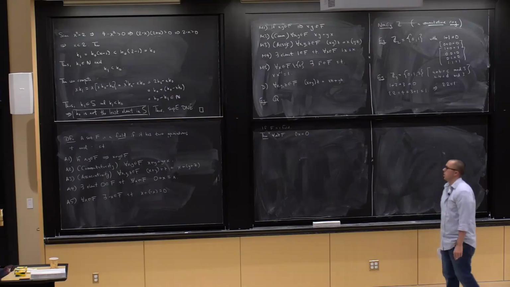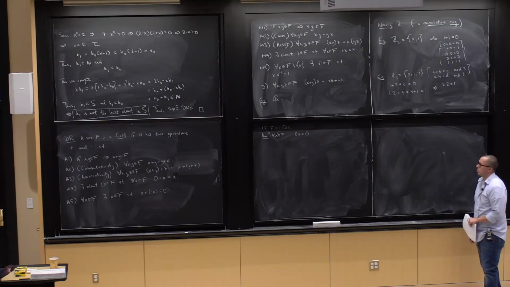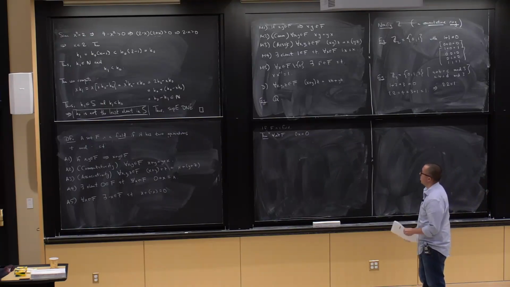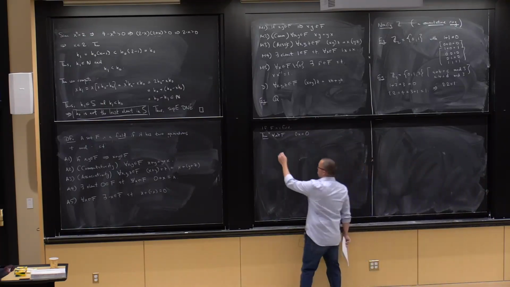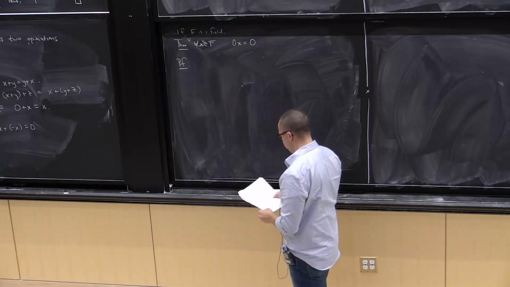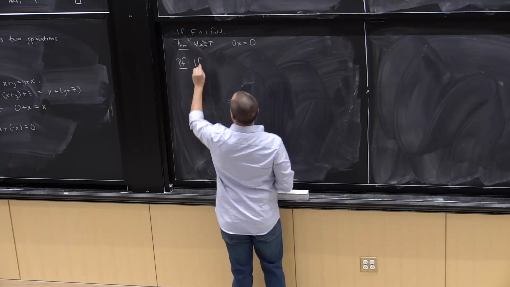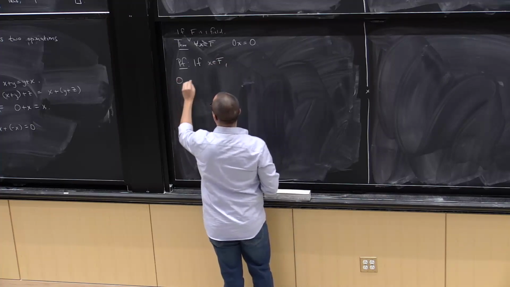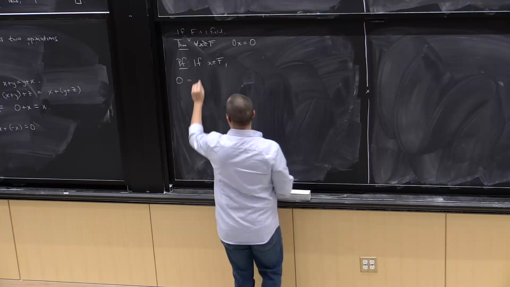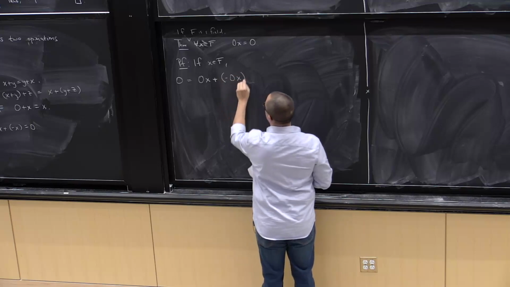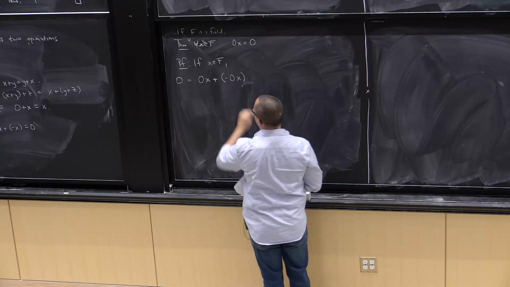This is another danger about not being able to lecture in person, is that errors on the board persist. Okay, so you can prove this blockbuster theorem just using these axioms. So let's do a quick proof of this. If x is in F, then 0 is equal to 0 times x plus the additive inverse of 0 times x, because that's just the definition of the additive inverse.